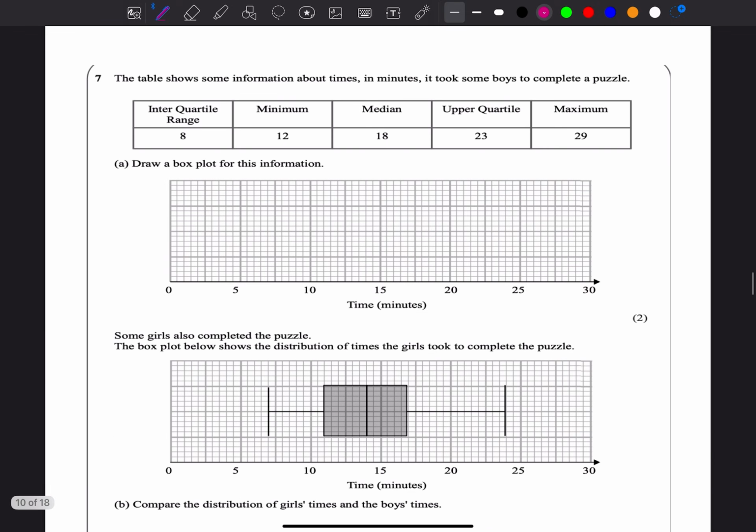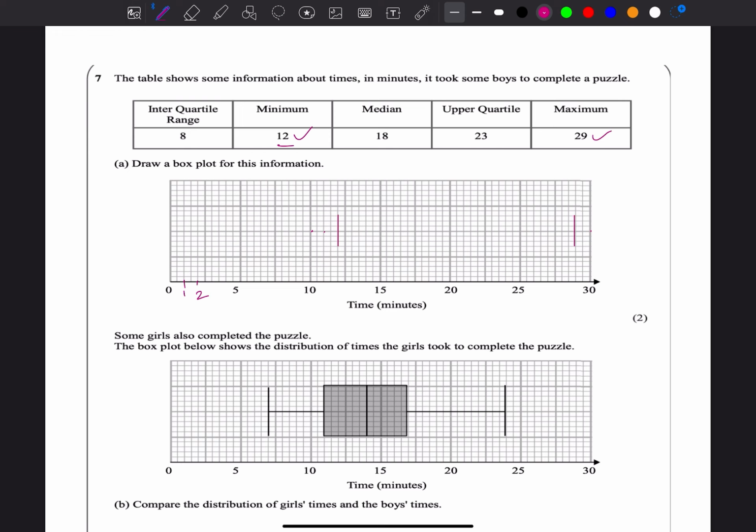Next one. You want this box plot. Easy. Minimum is 12. Make sure every 2 boxes is 1. So this is 1, that is 2, so 10, 11, 12. Minimum's done. Maximum is 29. 30, and that automatically makes that 29.